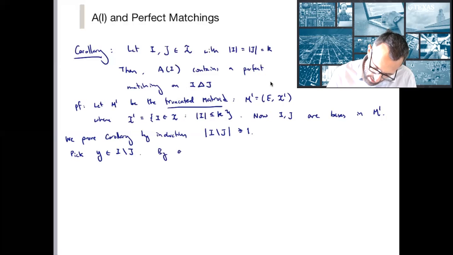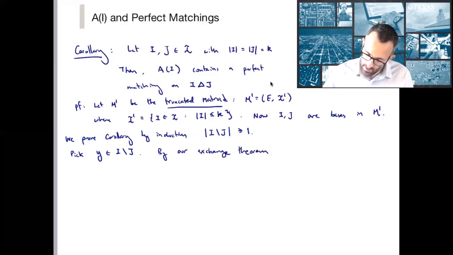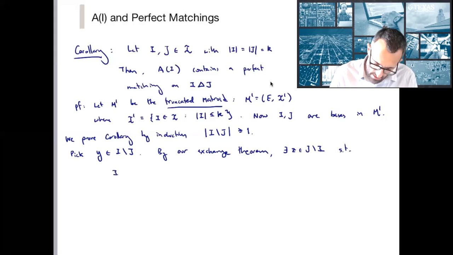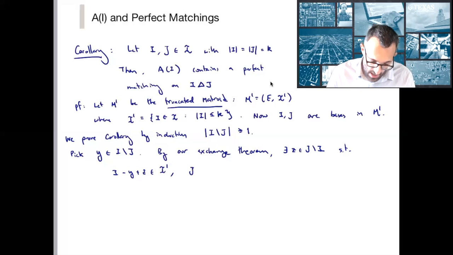So by our exchange theorem on the first slide, we know that there has to exist some element z that's in J but not in I, such that I minus y plus z is independent, and also J minus z plus y is independent.